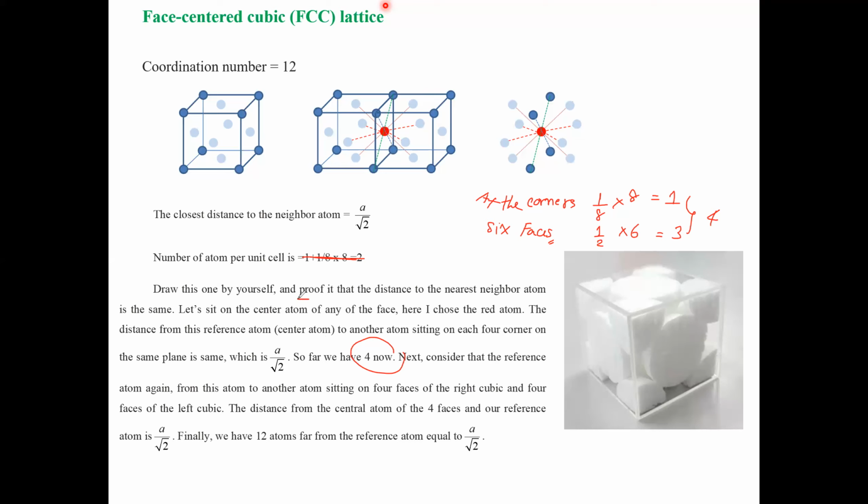Okay, so this one, I will leave you as the homework, okay? So what you have to prove is that the distance to the nearest neighbor atom is the same. Okay, so probably, if I draw a figure for you, so this is right triangle, right?